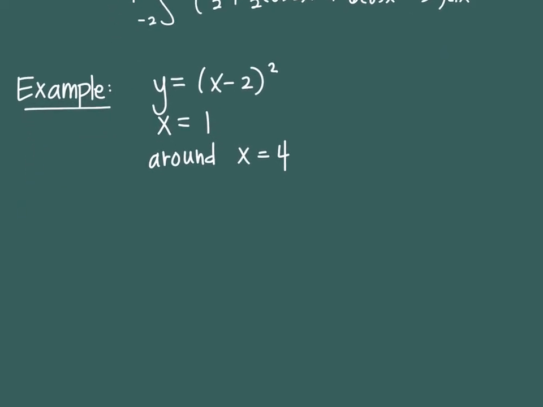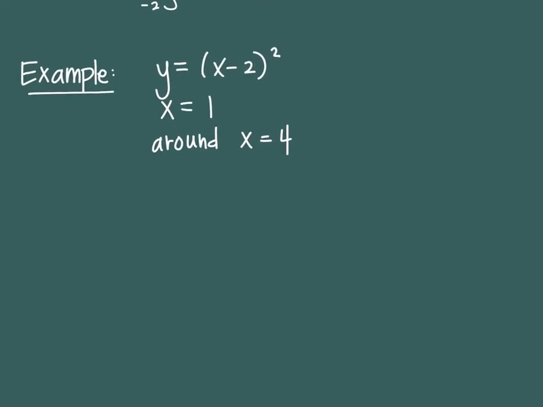All right, so let's take a look at what that looks like. The parabola x minus 2 squared is shifted 2 to the right. So this parabola would come like this.